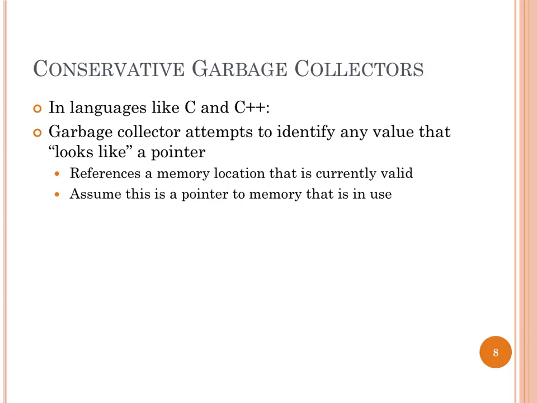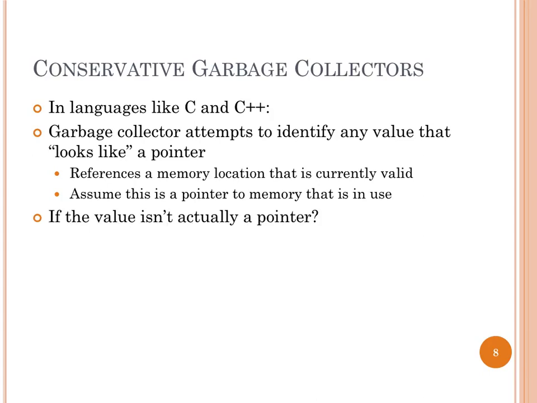Well, it looks like it could be a pointer, so we're going to assume that it will be at some point in the future. That's kind of all we have. And so we end up with an approach that's conservative, and that's why we call it a conservative garbage collector. Because if we have something that looks like a pointer, we assume that it is, and the thing that's referenced by it is in use, so we shouldn't take it back. Okay?